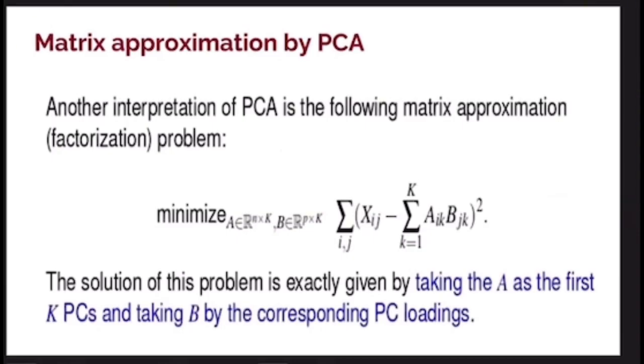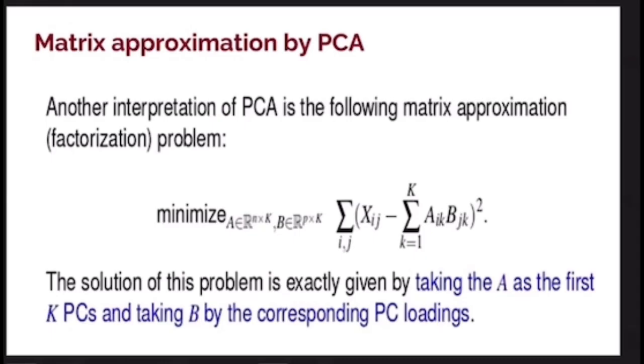Now, let me tell you this. For you to understand matrix completion, how to make a prediction for missing values, I think we first need to understand matrix approximation by PCA, which will provide some knowledge.